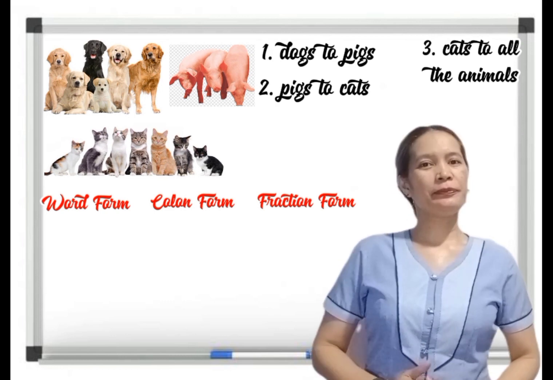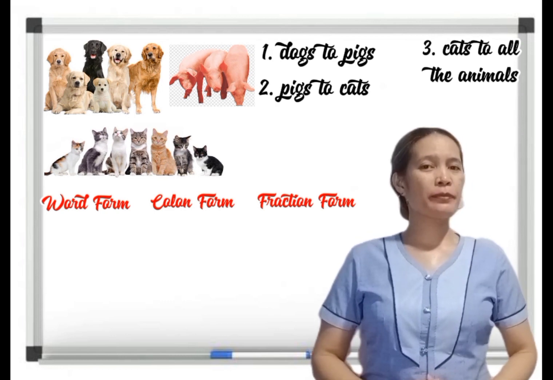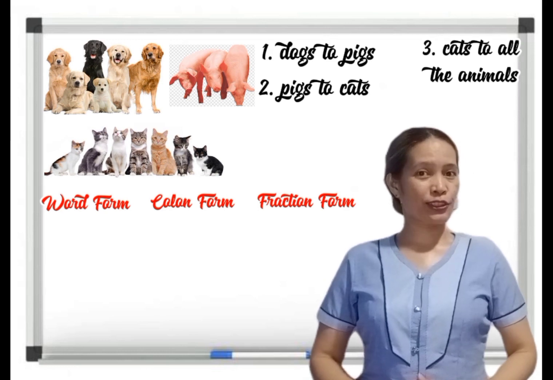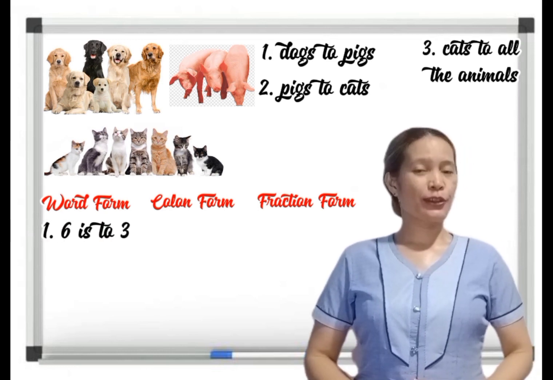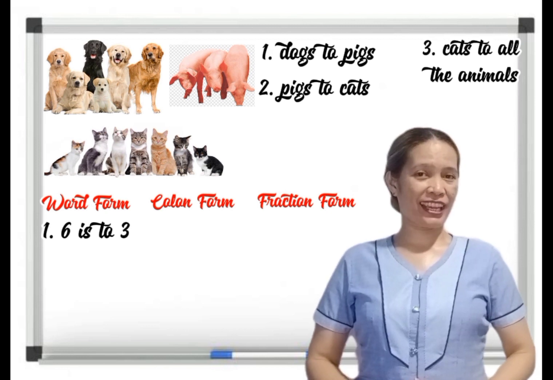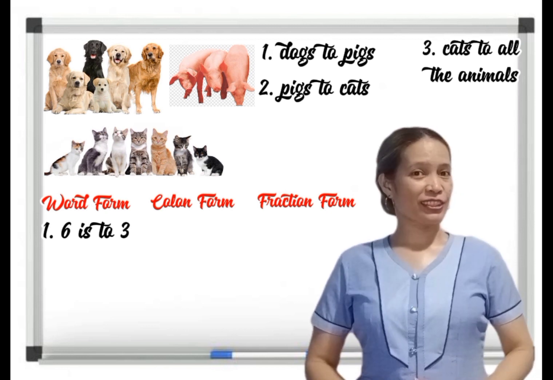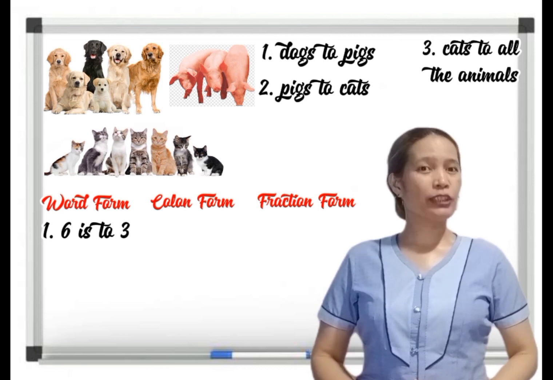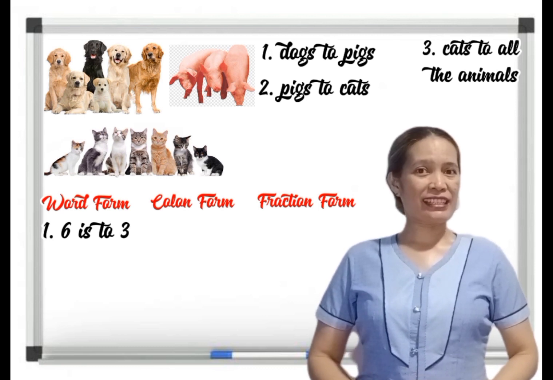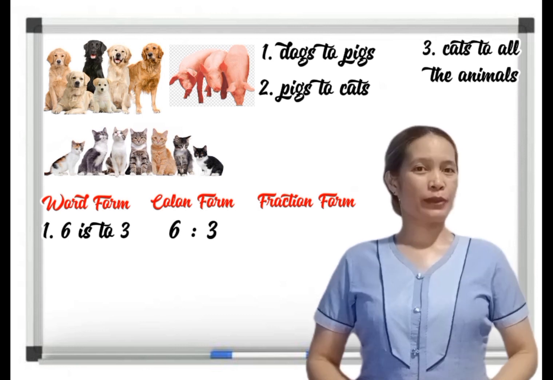Okay, for number 1, in word form, the ratio of dogs to pigs, the answer is 6:3. Why 6:3? Because there are 6 dogs and 3 pigs. Okay, how about column form? That is 6:3.